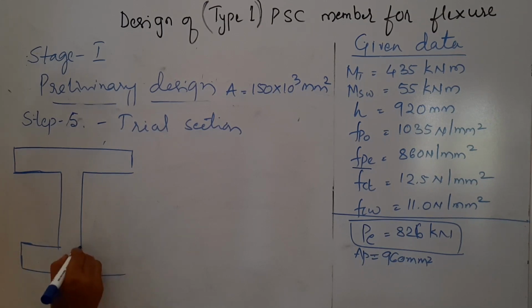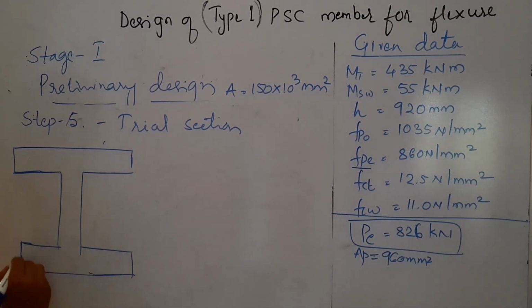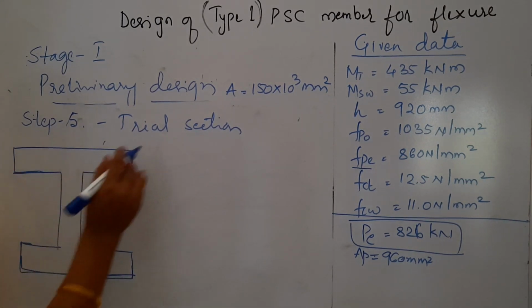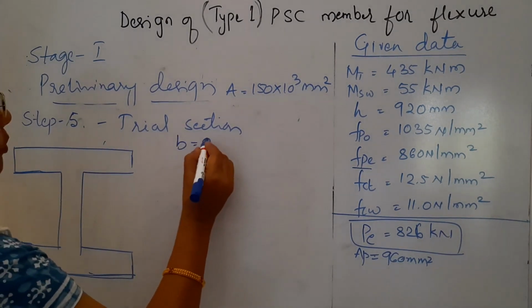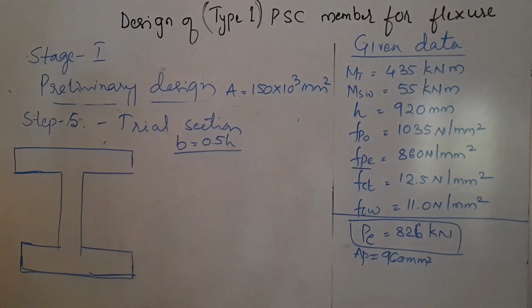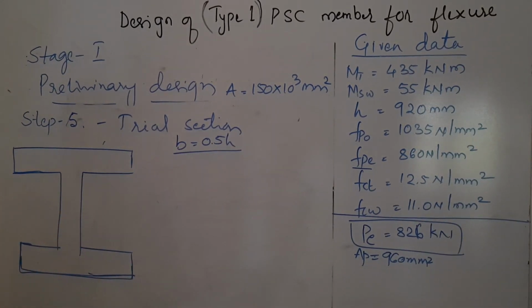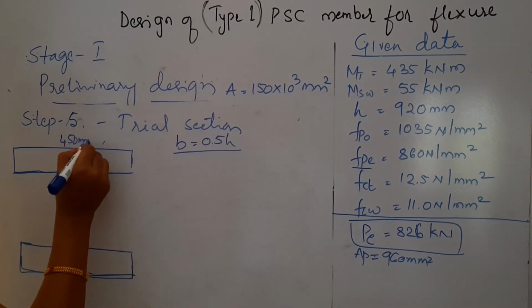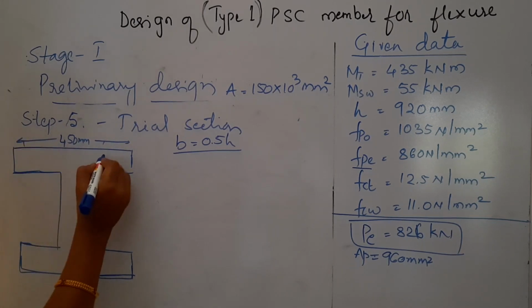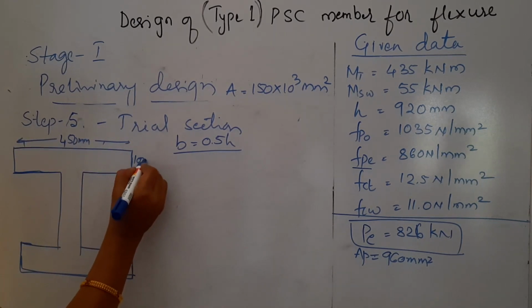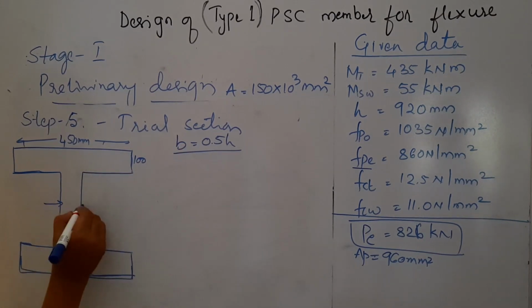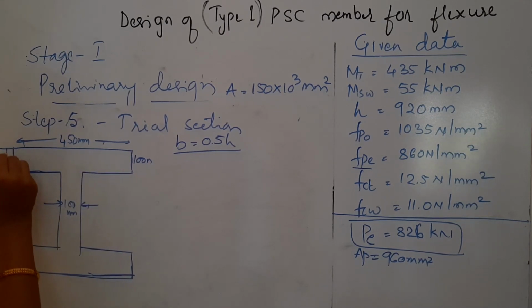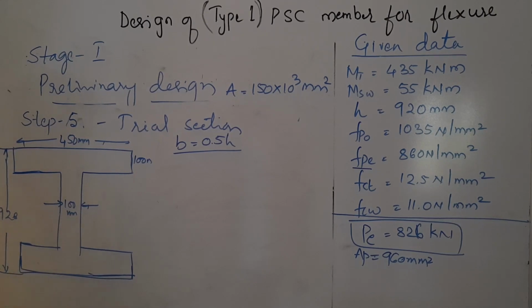Symmetrical I section, the two flanges having the same dimensions, and generally it is taken as B equal to 0.5 H. It is a reference only. We can take slightly higher or lower. Here I will take 450 millimeters as B, and depth of the flange is 100 millimeters, and even the web we can consider the same as 100 millimeters, and overall depth it is given already as 920. H is equal to 920.